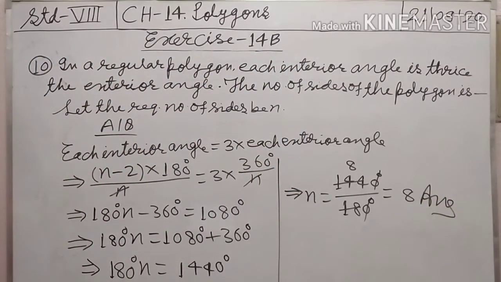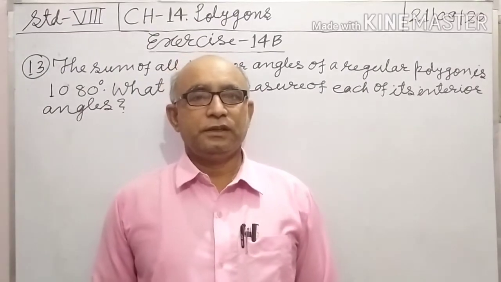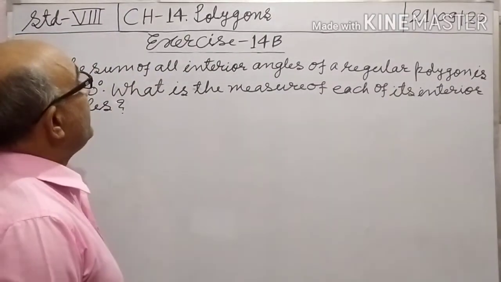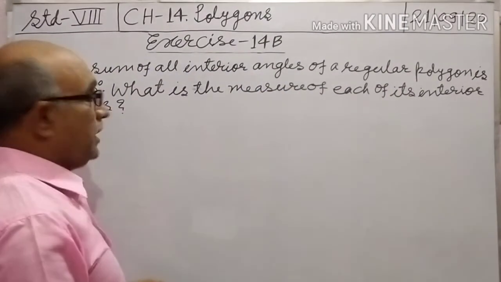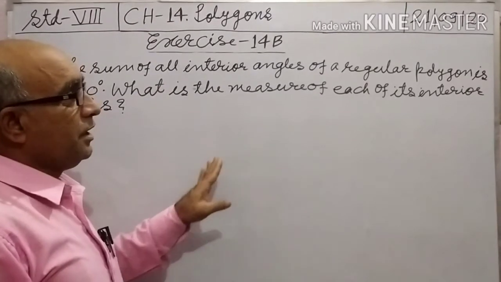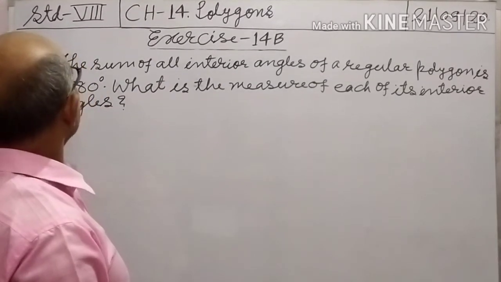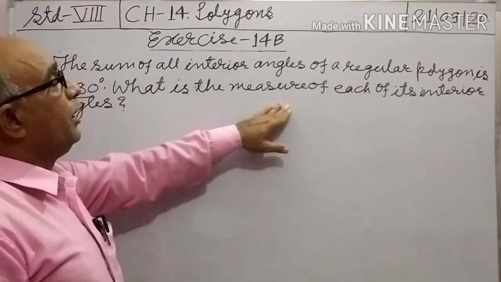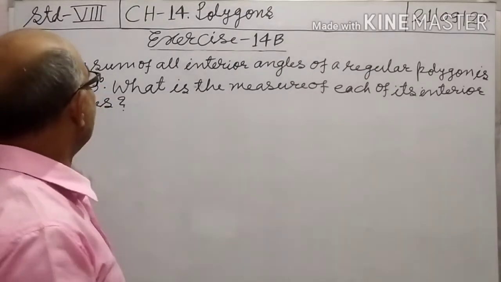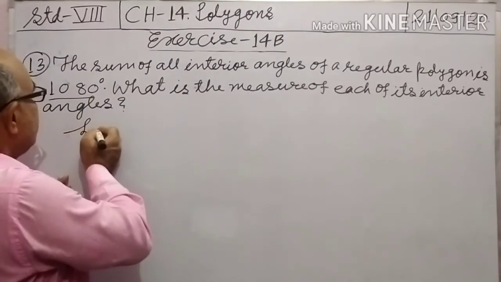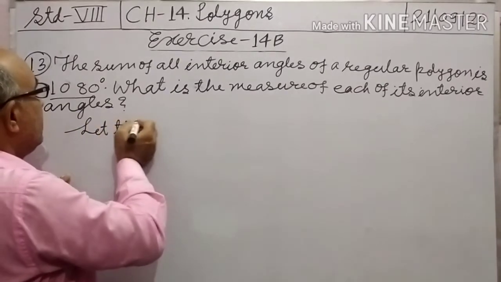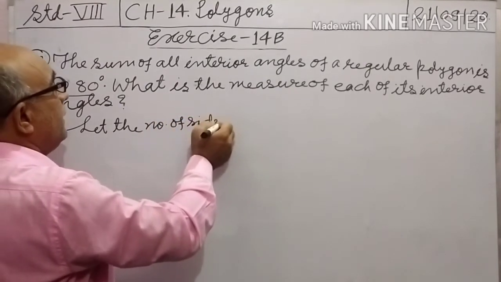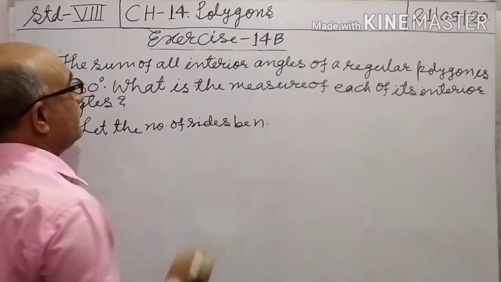Understand and write it. Students, next question is question number 13, written on this board. The sum of all interior angles of a regular polygon is 1080 degree. What is the measure of each of its interior angle? First of all, let the number of sides be n.